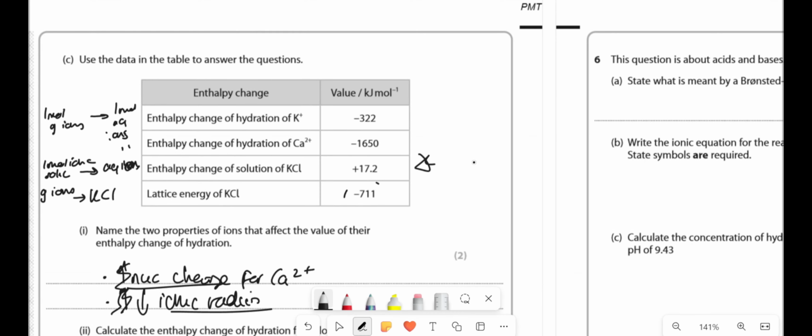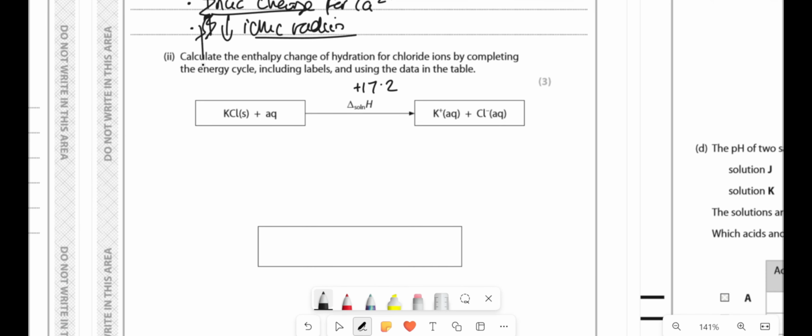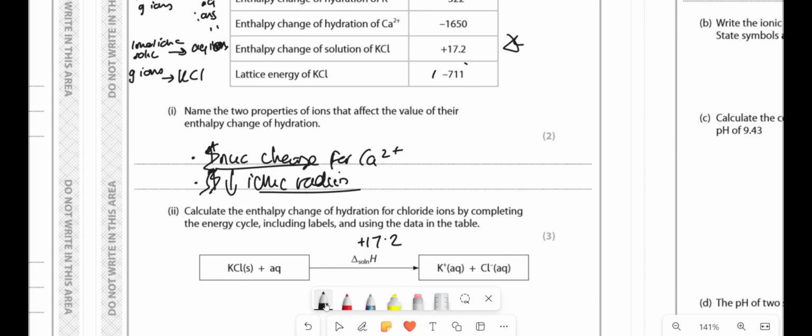Now we need to look at what we've got left. So that's why I've labeled all of this, because lattice enthalpy of KCl is where you're going from gaseous ions to KCl. So if I look at my table, this KCl here is a solid ionic compound. So this is this side of the equation. So the side that's not here anywhere in this cycle is gaseous ions. So in my head, I'm now thinking maybe gaseous ions is what's going at the bottom of my cycle.